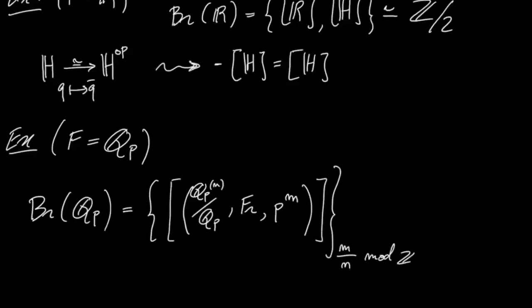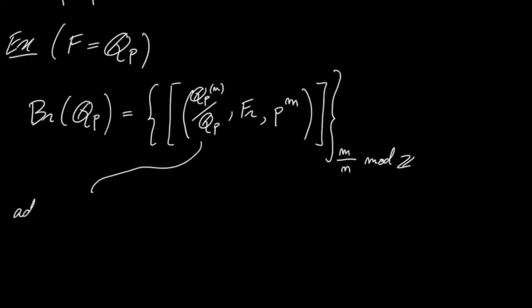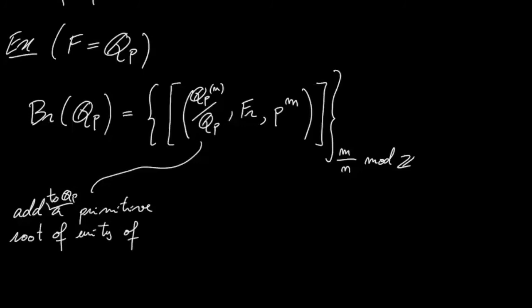So let me try to explain what are those things. So here, this field extension, what we do is that we add to the Q_p the primitive root of unity of order p^n minus 1.